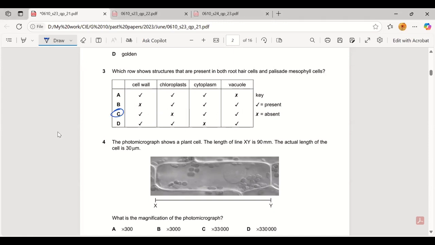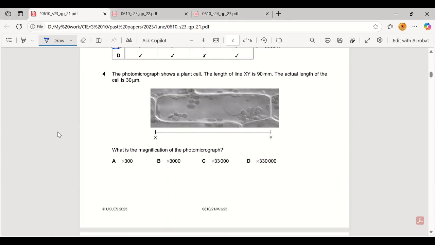Okay. The photomicrograph shows a plant cell. The length of XY is 90 centimeters. The actual length is 30 millimeters, and this is micrometers. Calculate the magnification, Michelle. So convert the millimeter to micrometer. 90 divided by 1,000.